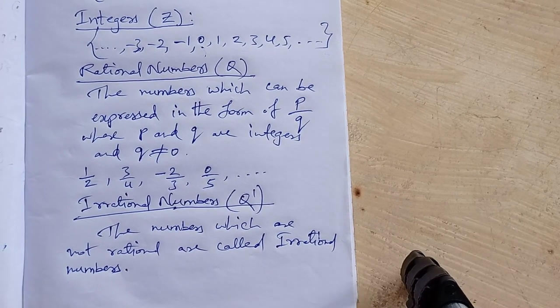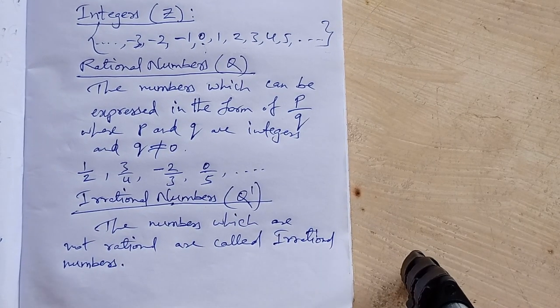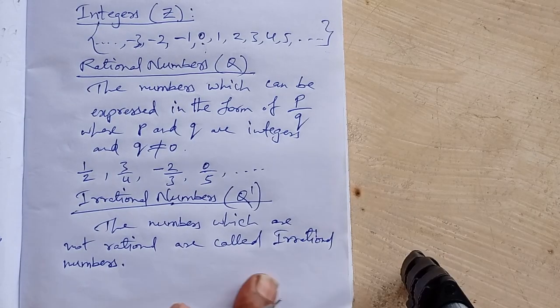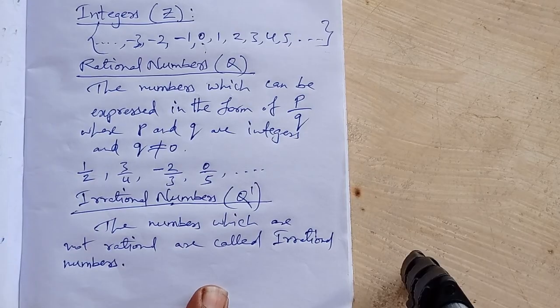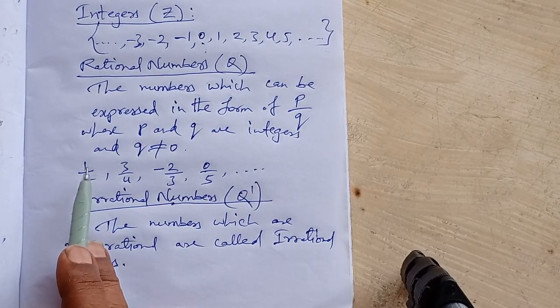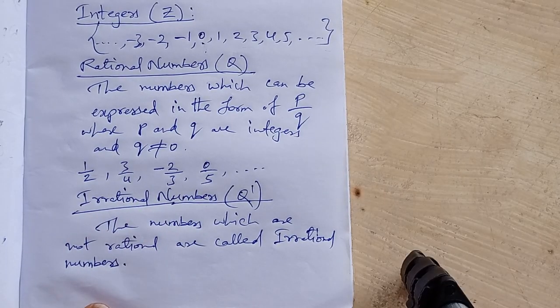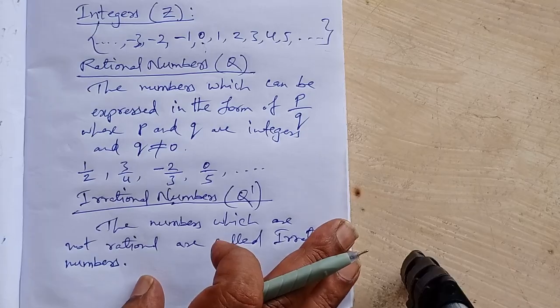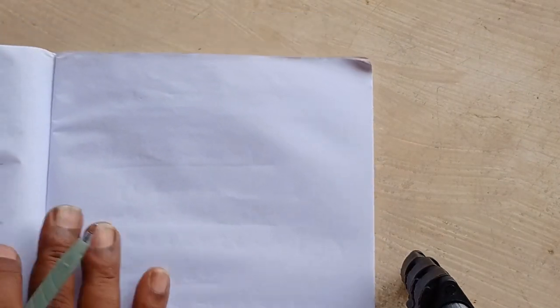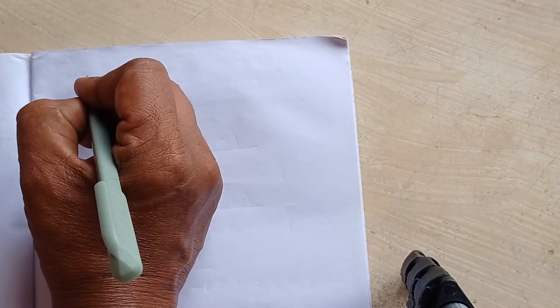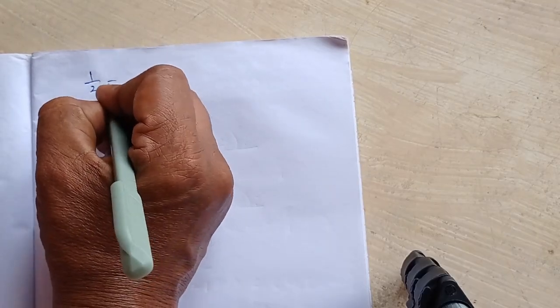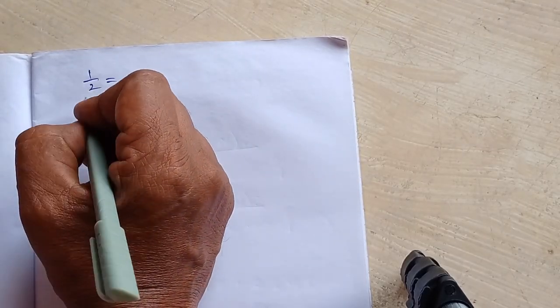If you want to learn in detail about irrational numbers, we can also express rational numbers in the form of decimal numbers. Suppose you want to express 1 by 2, which is in rational form.